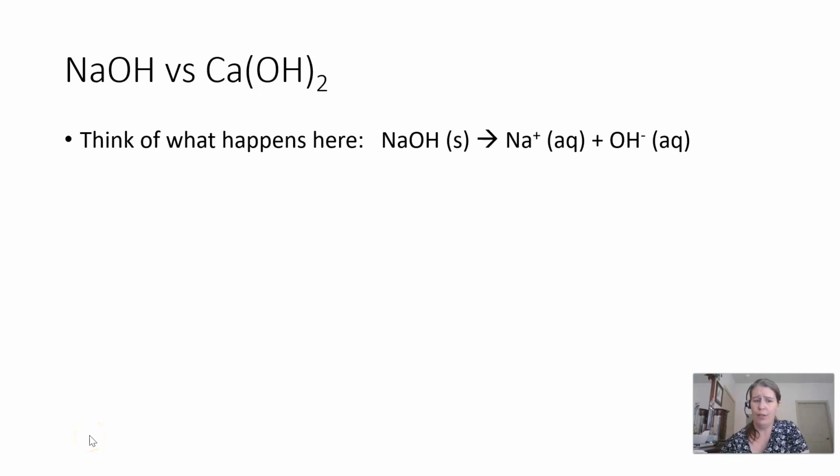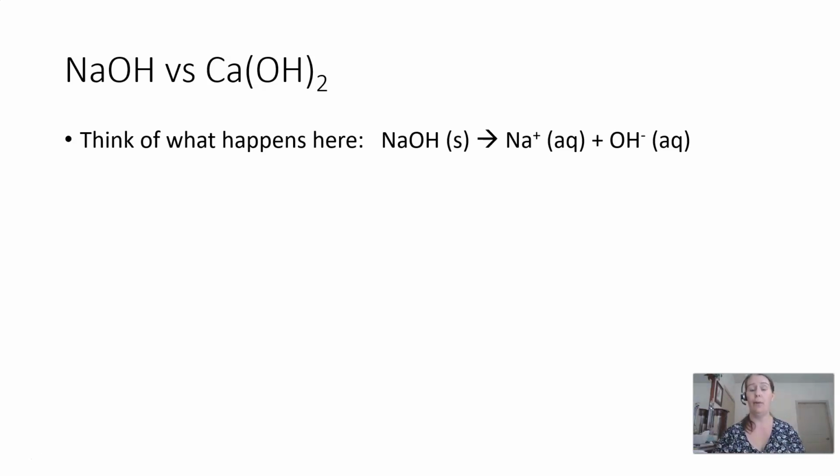So the reason I've started by talking about the dissociation and solvation process is to think about what happens in this reaction, which is showing the dissolving of sodium hydroxide. I take solid sodium hydroxide, and those ions are dissociated. They're pulled apart first to form separate sodium ions and hydroxide ions, which are then solvated.